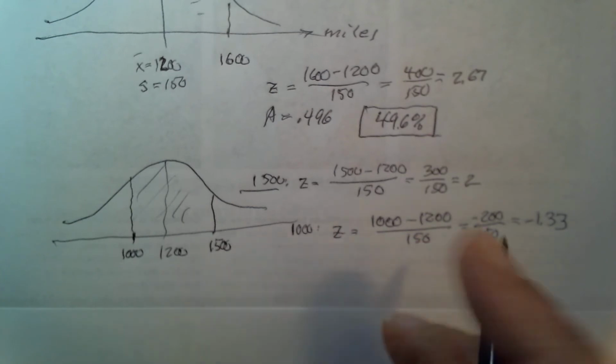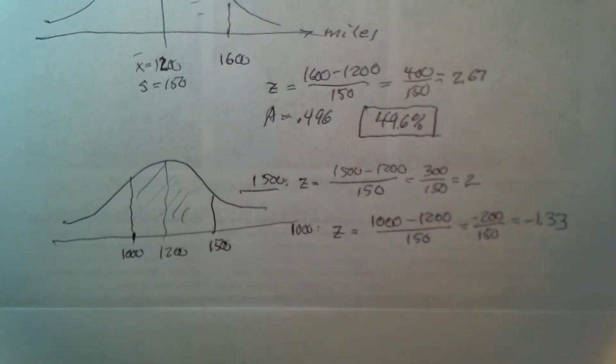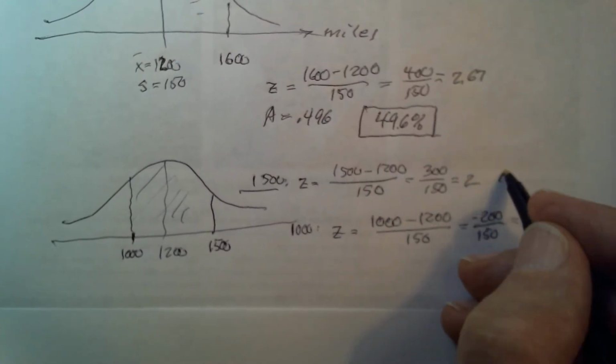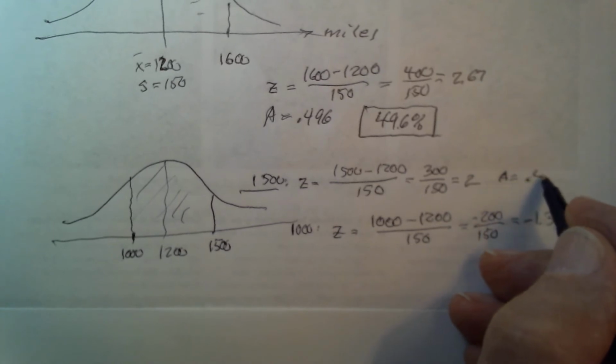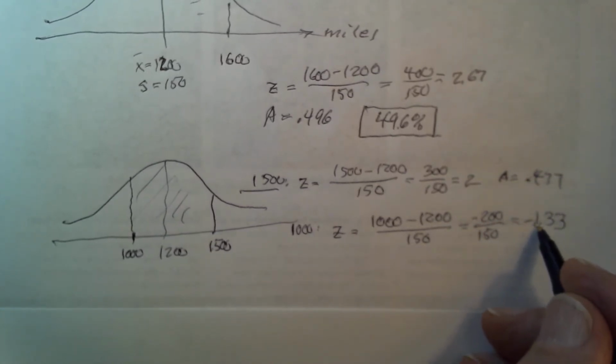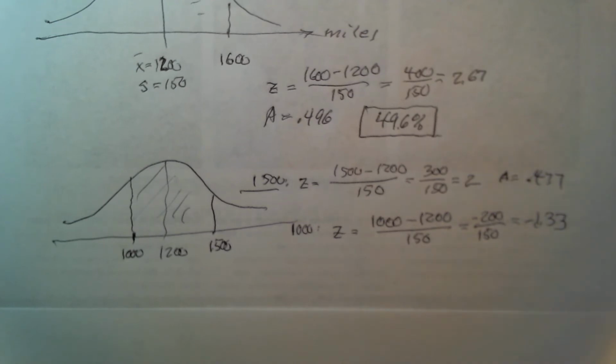And the area corresponding to a z-score of 2 would be equal to 0.477. And the area corresponding to a z-score of minus 1.33.